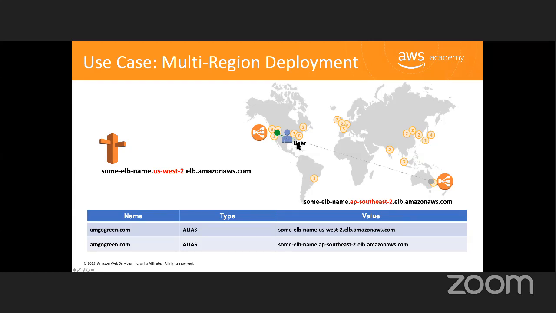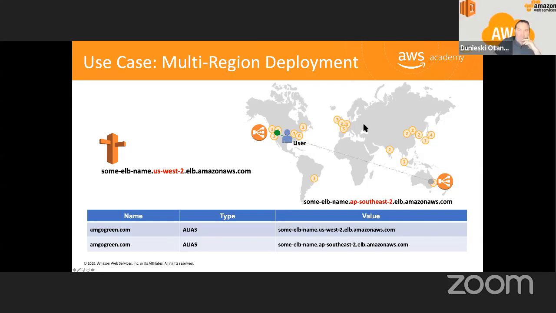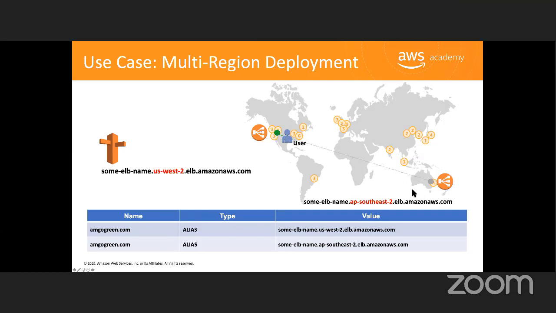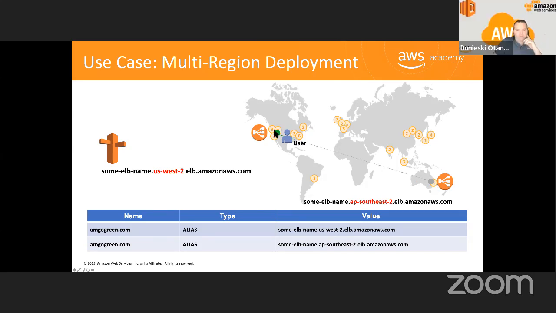Okay. So let's say the user is in Africa, for example, in Cape Town. It's going to be routed to the closest of these 2. Is it the closest or the fastest? Well, the closest is the fastest too, because latency has to do with the distance.